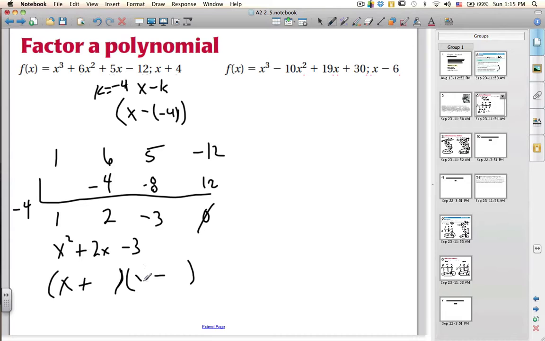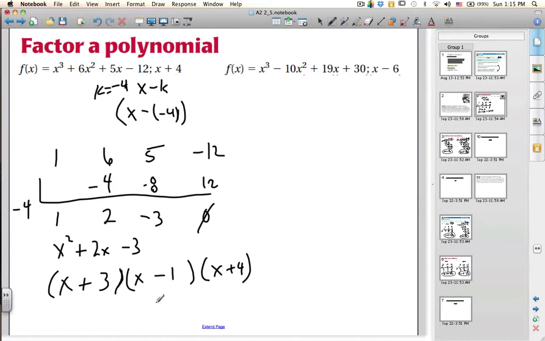I know my firsts were x times x, and I know my lasts were 1 times 3. Now, it's important that the 3 has to be positive, so I have positive 3 and minus 1 will combine to give me positive 2. So the 3 goes here, and the 1 goes there, and the initial factor that they gave me was x plus 4, and now I'm fully factored.